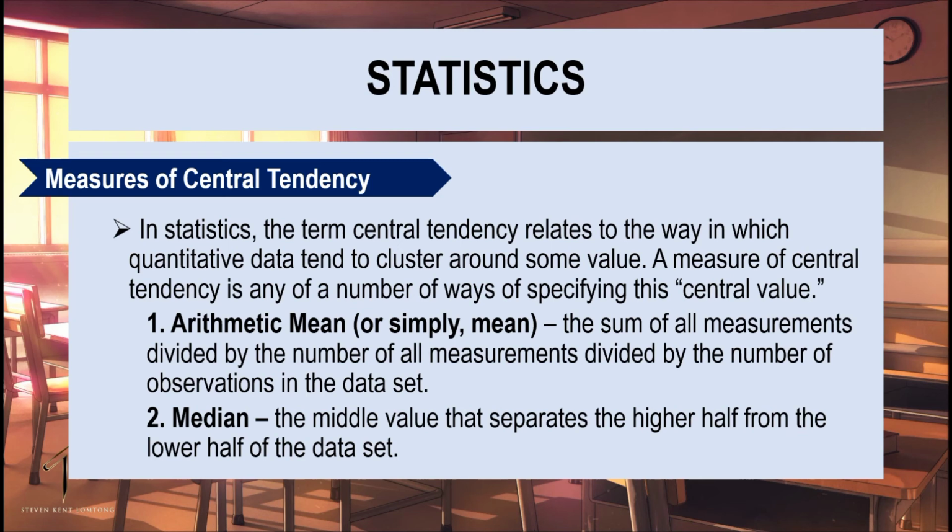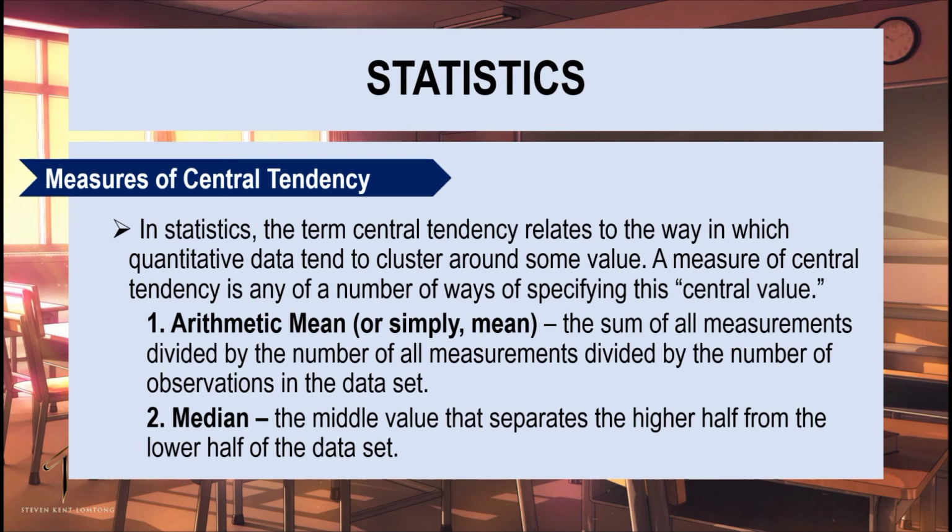So may tinatawag tayong arithmetic mean or simply mean, the sum of all measurements divided by the number of observations in the data set. Median, the middle value. So, median nga siya, that's the middle value that separates the higher half from the lower half of the data set. So, pag kukunin natin yung median, dapat naka-arrange yung numbers from highest to lowest or from lowest to highest.